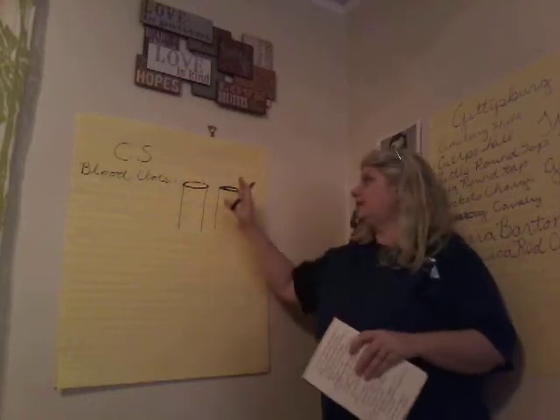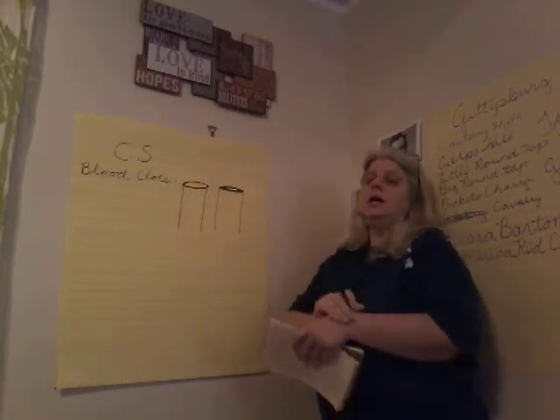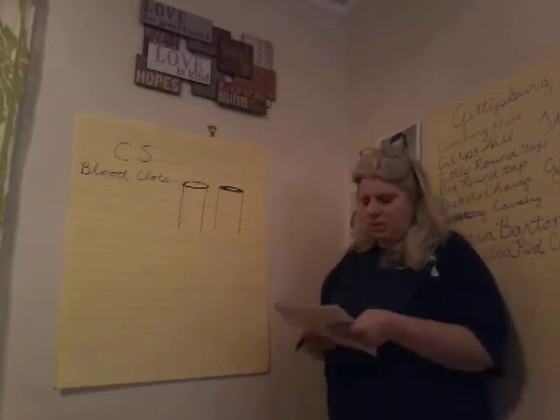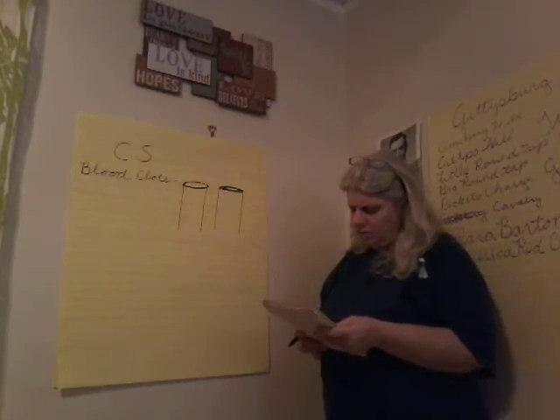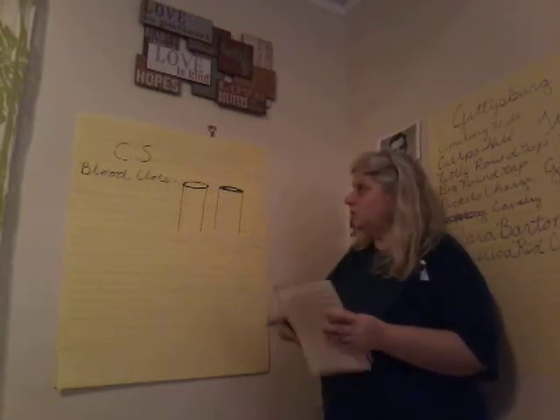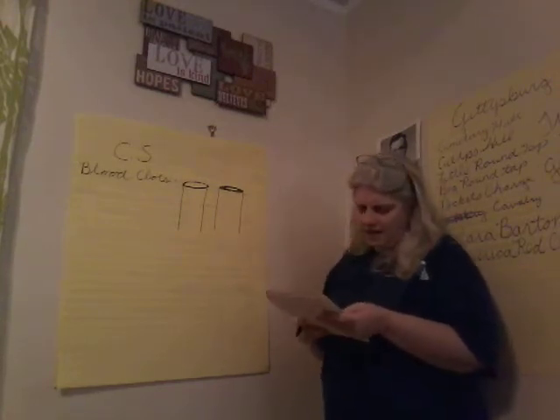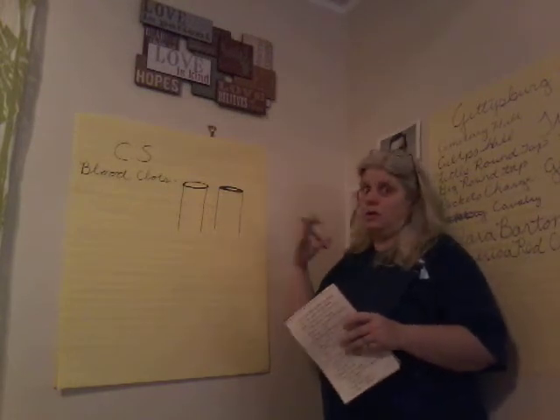If your blood can't get through, your body can't get all the oxygen and nutrients that it needs, and then things start going bad in your body very quickly. A blood clot forms around the plaque, and then the blood clot can move around your body.